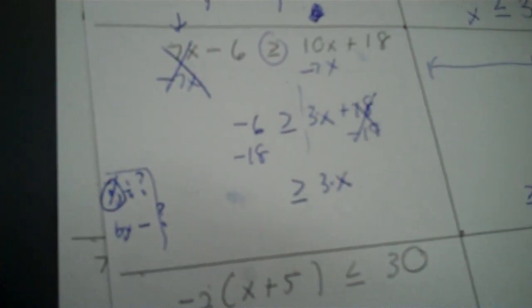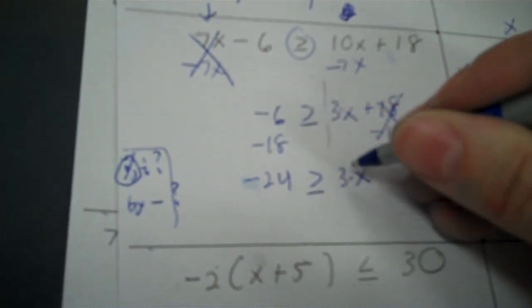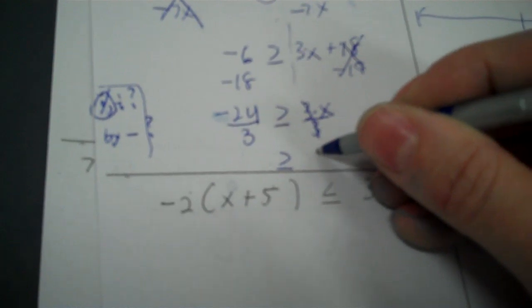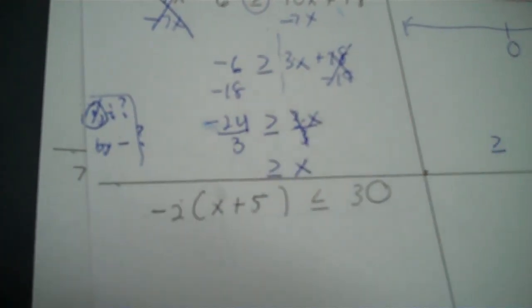Well, you got 3 times x, but that 3 is a positive, so keep the symbol the same. So minus 18, minus 18. Once you've decided if the symbol is going to switch, it's just essentially like an equation. Negative 6 minus 18 is negative 24. Divide by 3, divide by 3. Remember, the x is on this side, so keep it there. Negative 24 divided by 3 is going to be negative 8.